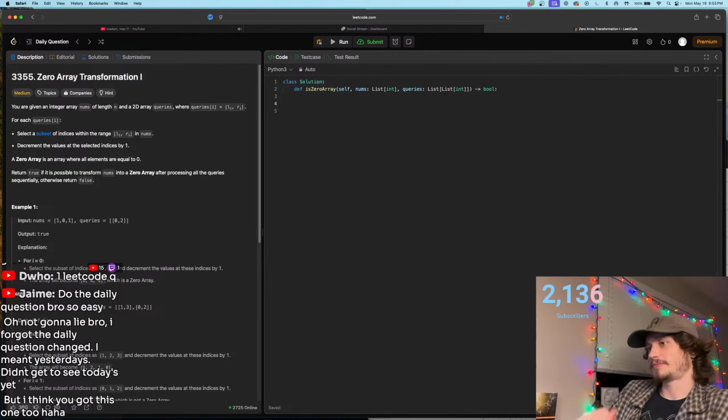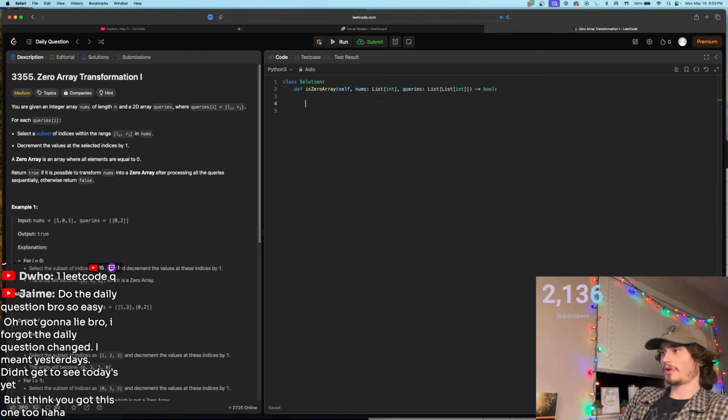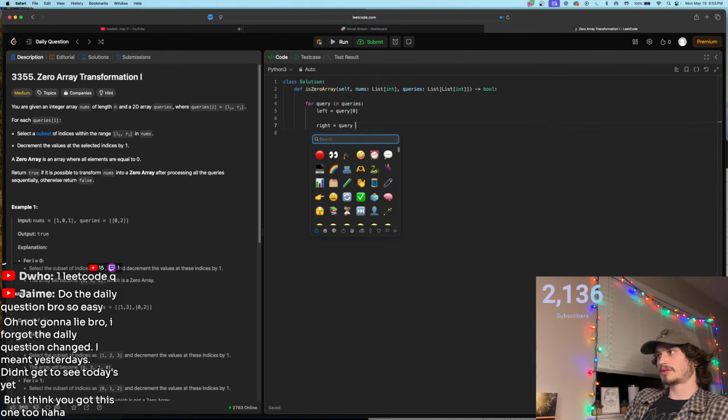Okay, so we say for query in queries, this is going to give us left is equal to query index 0, and right is equal to query index 1.